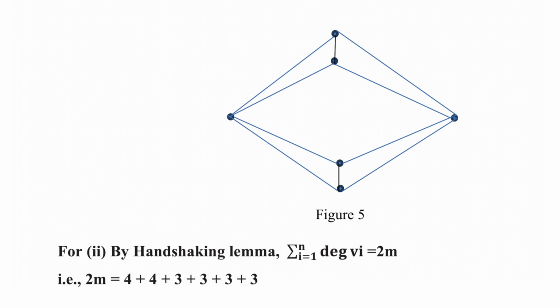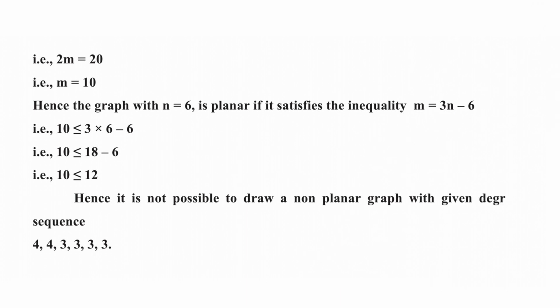For the second one, by the handshaking lemma, the sum of degree of v_i for i equals 1 to n is equal to 2m, that is 2m is equal to 4 + 4 + 3 + 3 + 3 + 3, that is 2m is equal to 20. So, m equals 10.